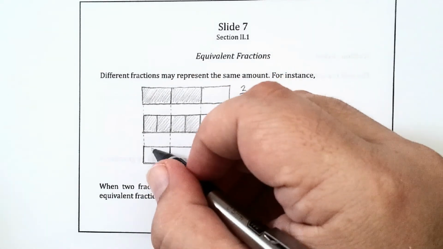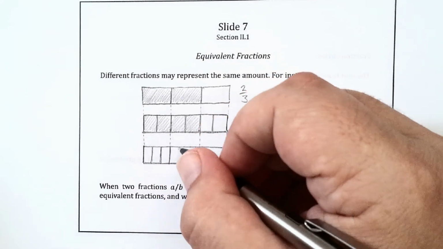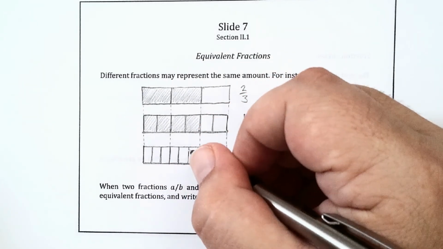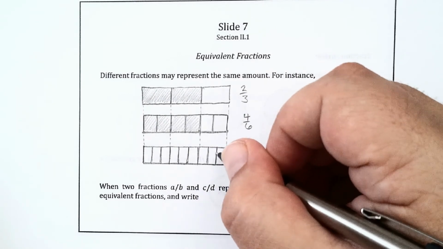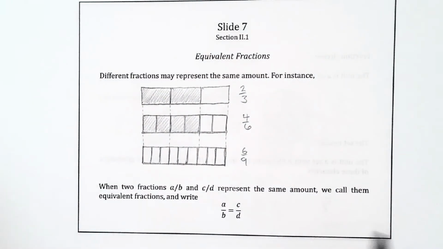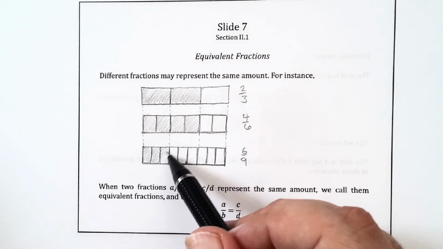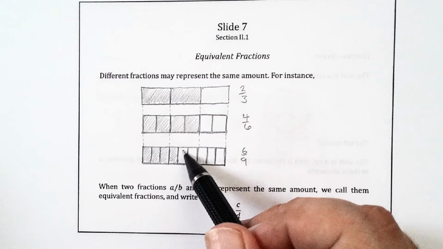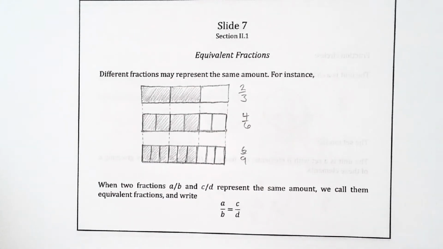But then I divide each of those 3 parts into 3 smaller parts. So that's going to give me 9 total. Okay, and then shade in 6 of those. And of course I end up with the same shaded region. So 2/3, 4/6, 6/9 are all different fractions, but they represent the same amount.